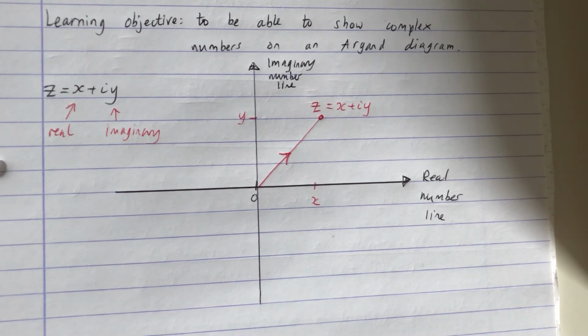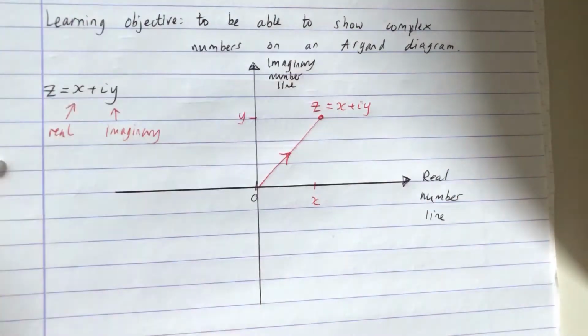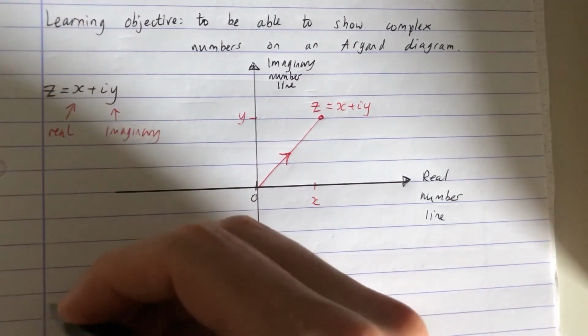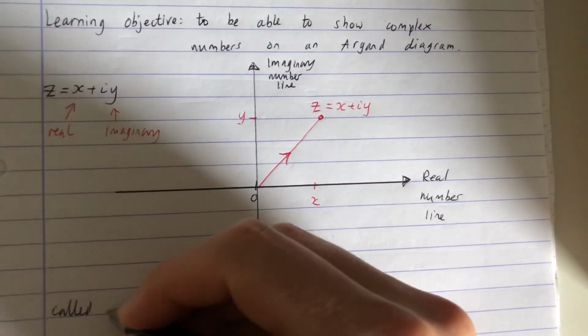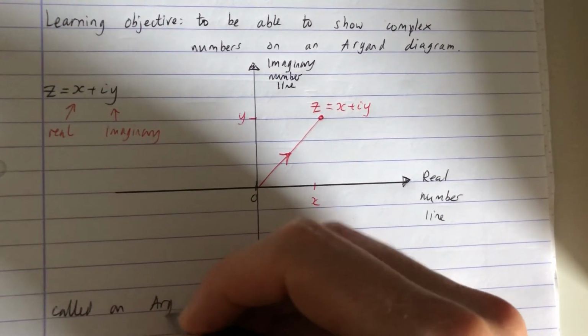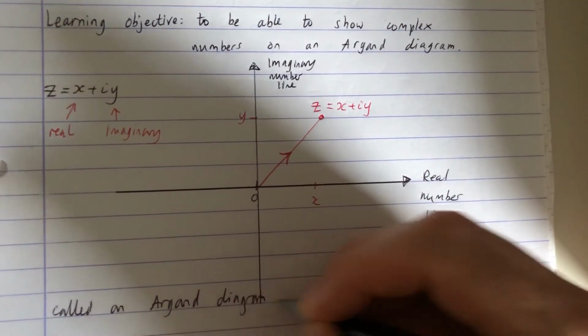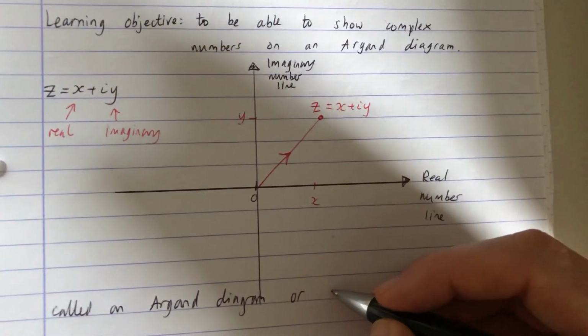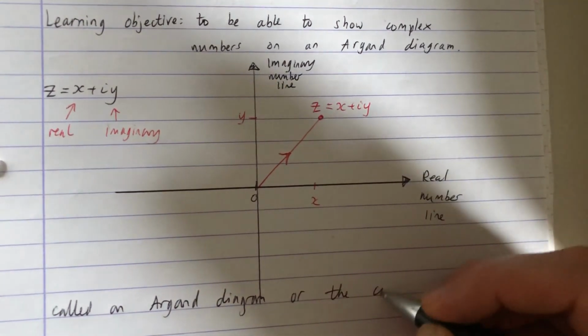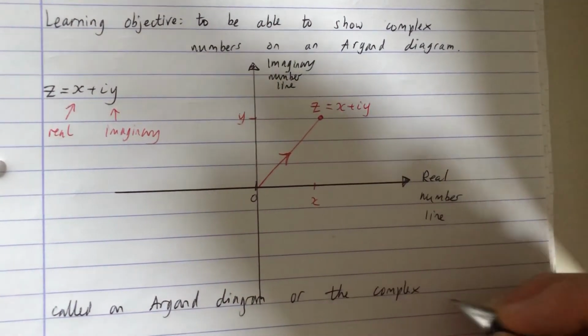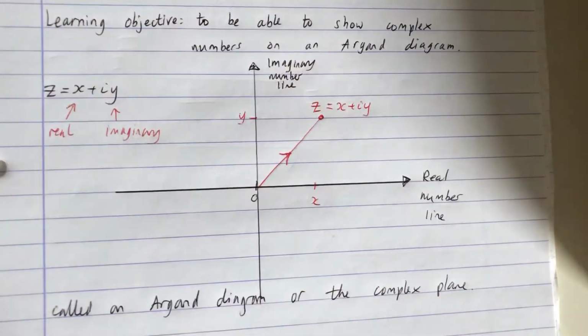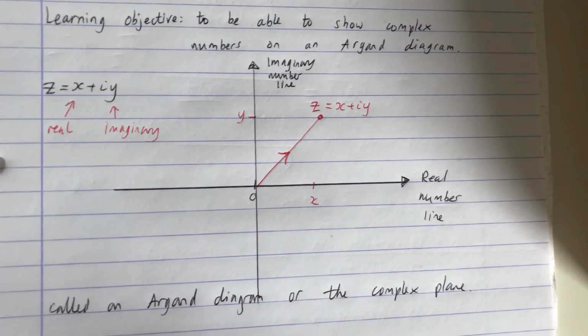They do exist. Now this grid is called an Argand diagram, and there's another name for it, called the complex plane. The word plane in maths means effectively a flat, two-dimensional surface.